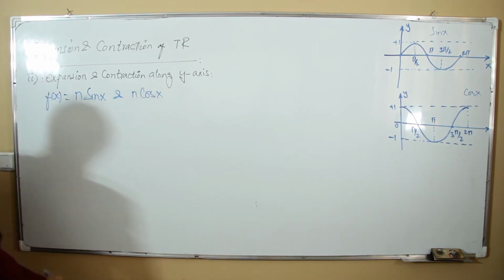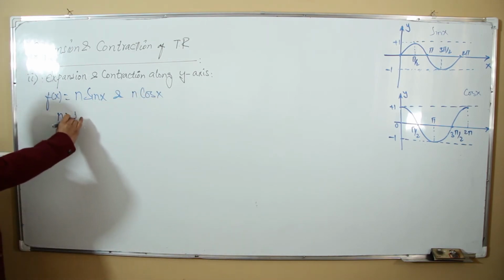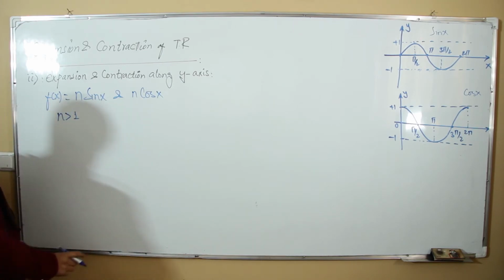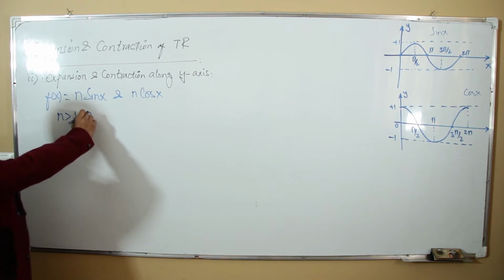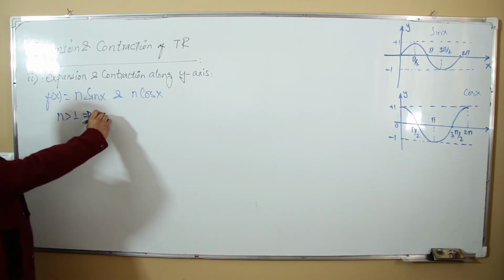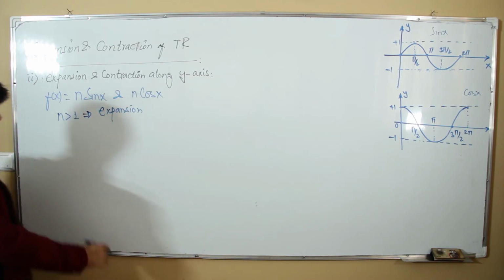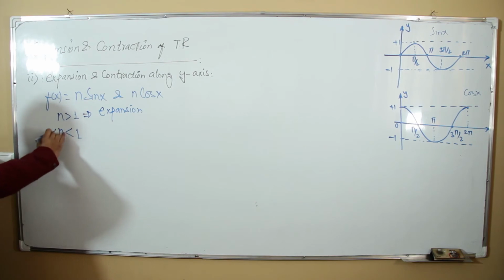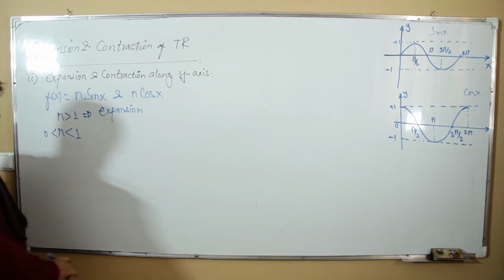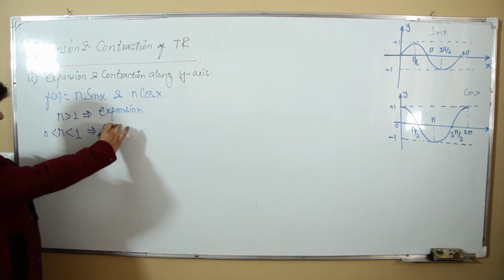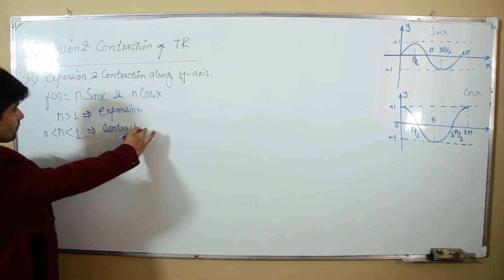Now, if this n is greater than 1, it shows the expansion in here. But if this one is between 0 and 1, it is our contraction of the graph.